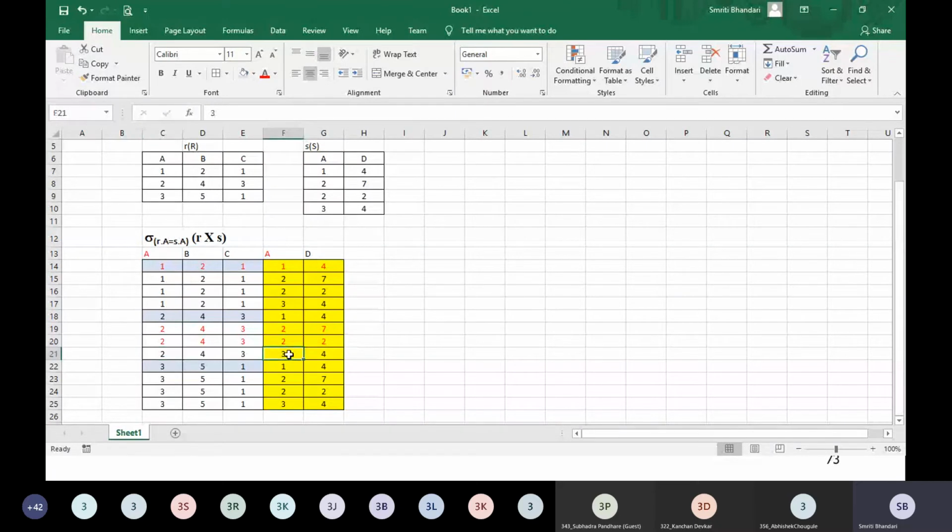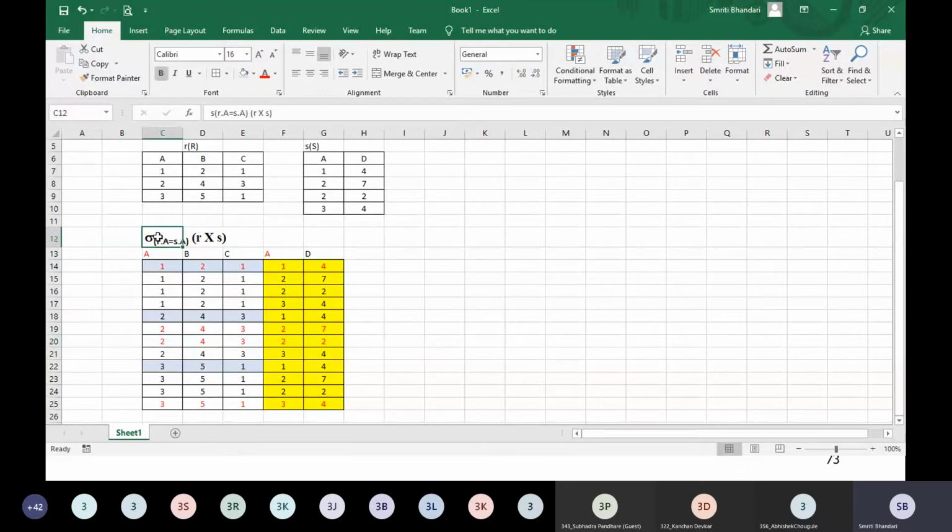This 2 and 3 are not matching, so we need not select this tuple. Right? Now, in this next set of tuples, whether 3 is equal to 1, no. 3 is equal to 2, no. 3 is equal to 2, no. 3 is equal to 3, yes. So this is our matching condition, and that is why we need to select this tuple.